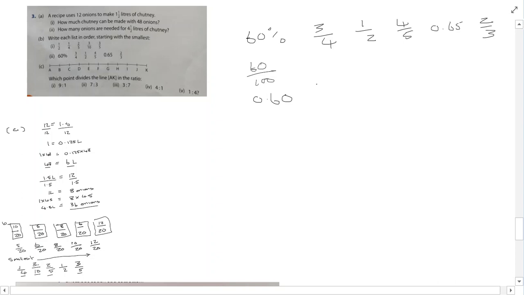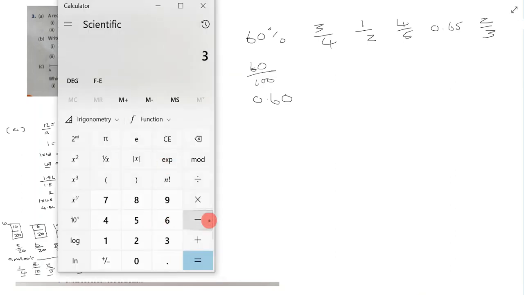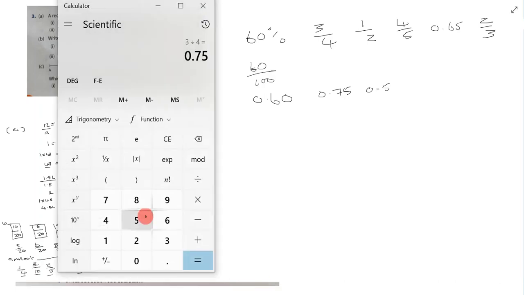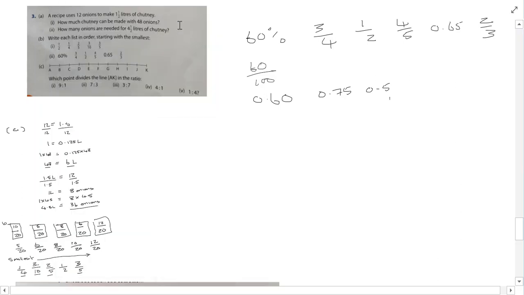So if we take 3 over 4, we divide 3 by 4, which equals 0.75. A half is 0.5, just divide 2 into 1. Then we have 4 divided by 5, which equals 0.8.